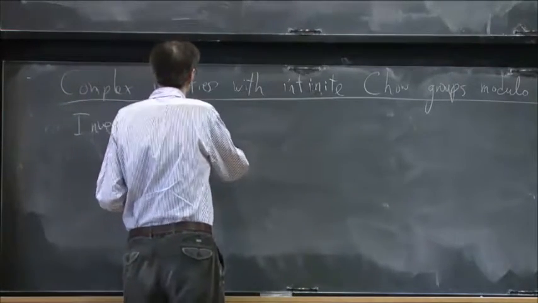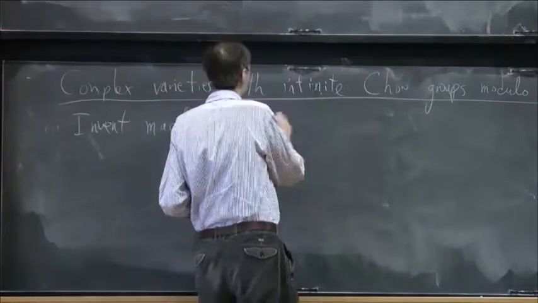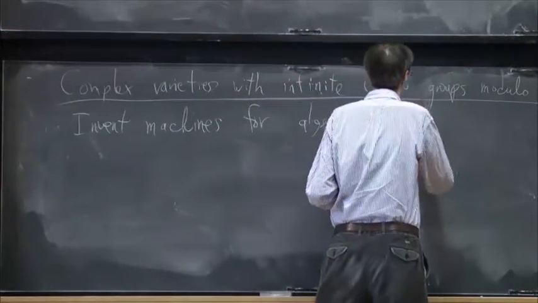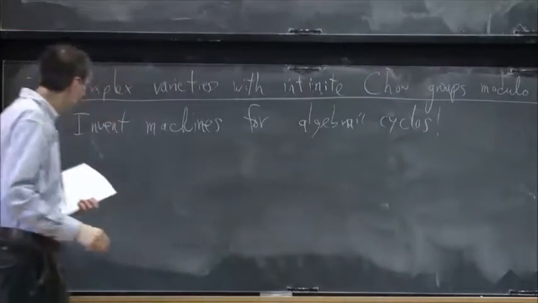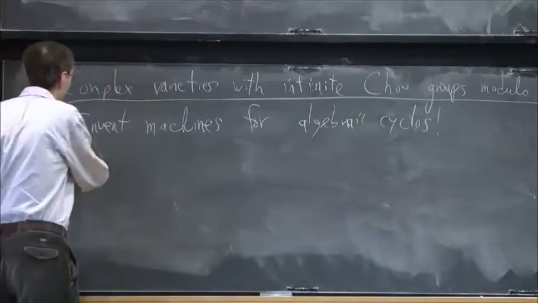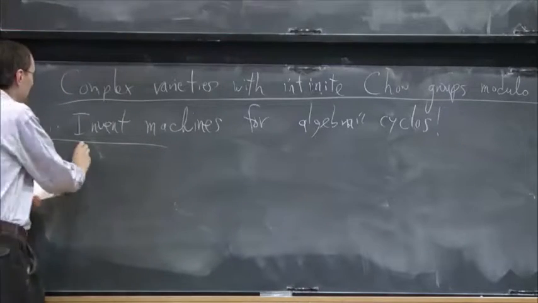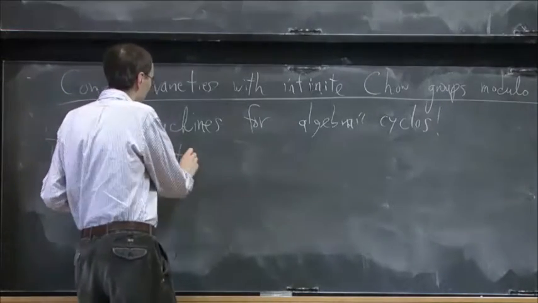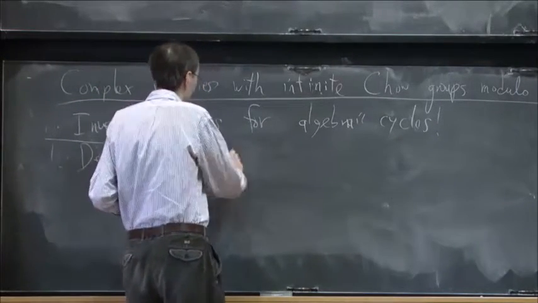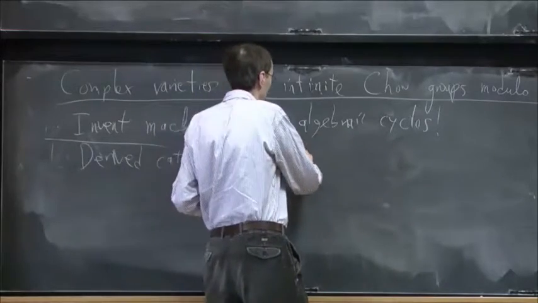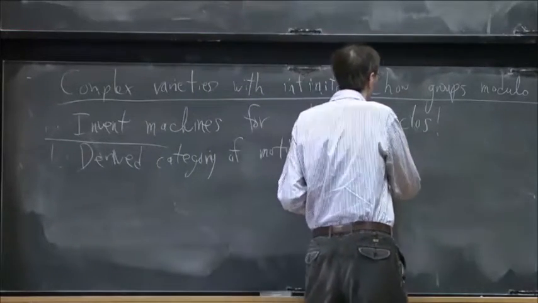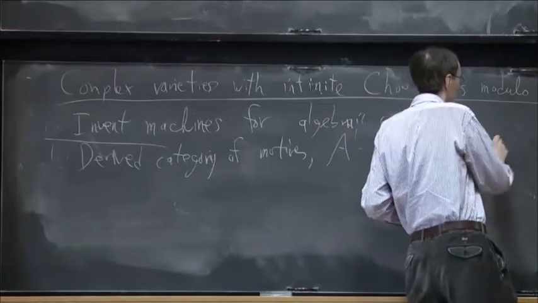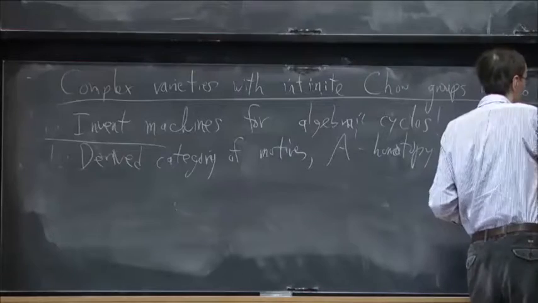Of course, there are innumerable things that can be described that way, but some of the ones that came up this week that I'm very fond of are the derived category of motives, or more generally, A1 homotopy theory, as developed by people like Voevodsky and others.